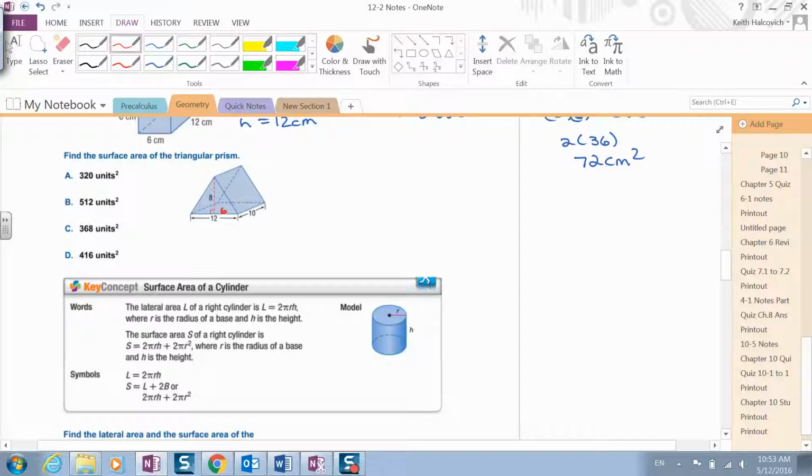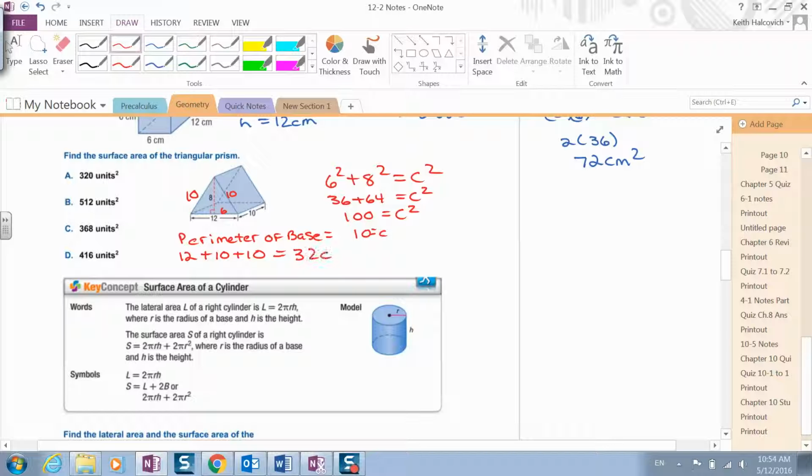To find the missing side here, we do the Pythagorean theorem. 6 squared plus 8 squared equals c squared. 36 plus 64 equals 100, so c equals 10. So this is 10. So the perimeter of the base is equal to 12 plus 10 plus 10, because this is also 10, which is 32 units.